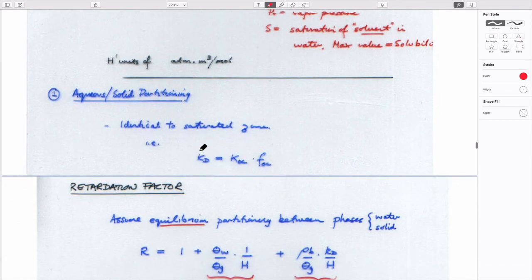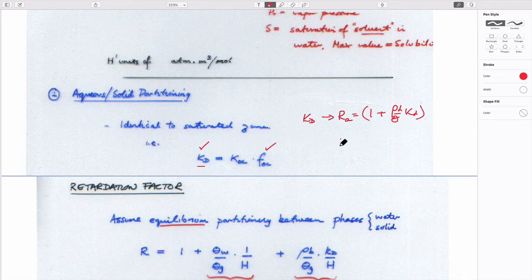And if we know what KD is, we can define retardation, right? KD allows us to get retardation in the aqueous form, which is just as we wrote before: 1 plus bulk density, moisture content, and KD.